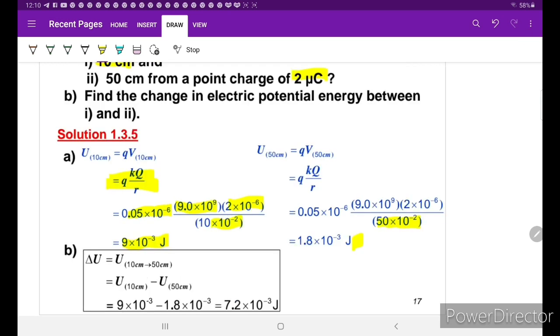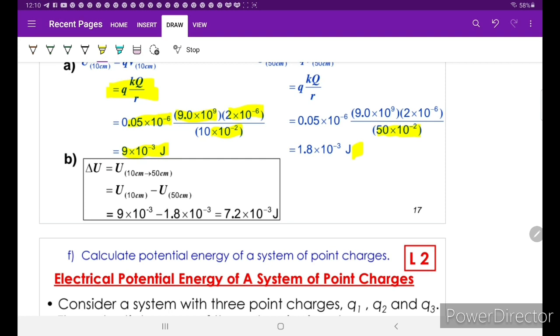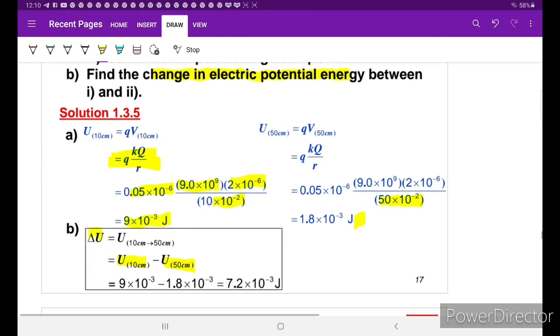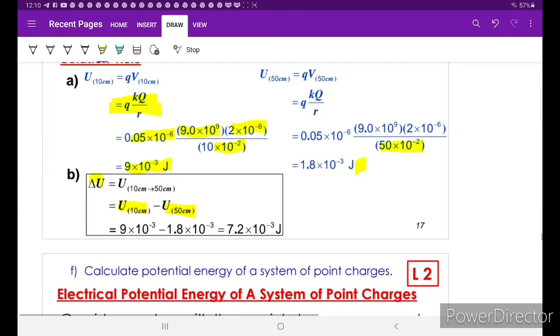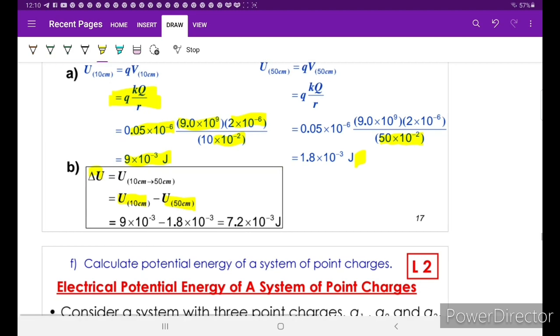Then we go to B, find the change in the electric potential energy between 1 and 2. The change in electric potential energy, as we discussed before, can be written as here. The change of electric potential energy is equal to the energy at 10 cm minus the energy at 50 cm.